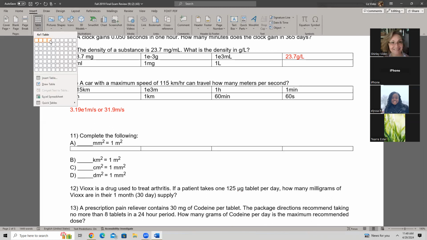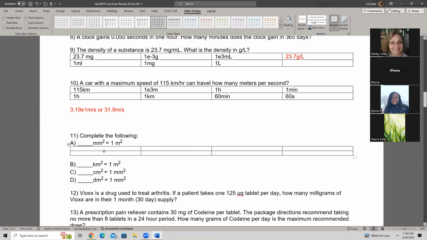And the reason I'm inserting a table is, again, you notice that we're going from square to square. So 1 meter squared is not going to be the same as 1 meter ever. So you got to make sure that you square the conversion. We want to go to millimeters.